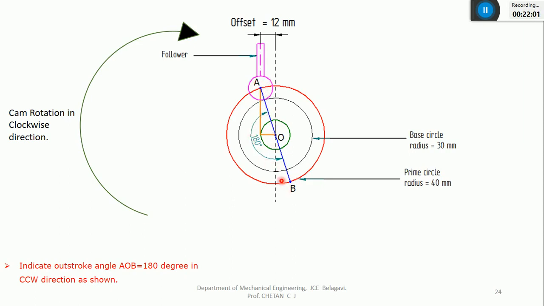And I'll indicate the reference points on this prime circle only, all the alphabets. Angle AOB is nothing but the outstroke angle. So indicate the outstroke angle AOB in a counterclockwise direction with respect to this prime circle. And the one more angle is the return stroke because there is no dwell at all. BOC will be again 180.